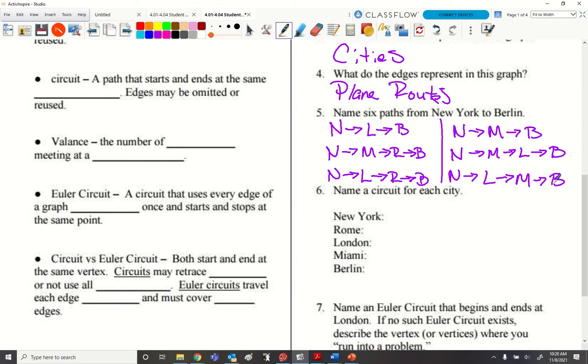So now if you go on to those discount airfare places, like Priceline or whatever, the cheapest tickets are going to be the worst routes. That's where you're going to start in New York, go to London, then Miami, and then eventually Berlin.